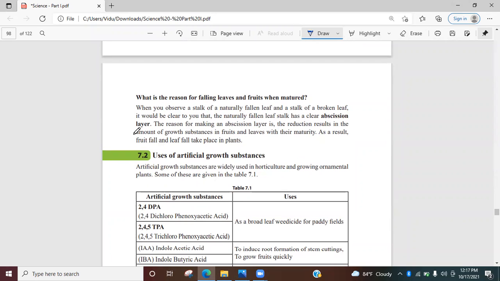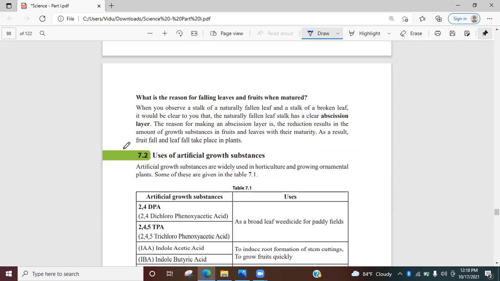What is the reason for falling leaves and fruits when mature? When you observe a stalk of a naturally fallen leaf and a stalk of a broken leaf, it would be clear to you that the naturally fallen leaf stalk has a clear abscission layer.